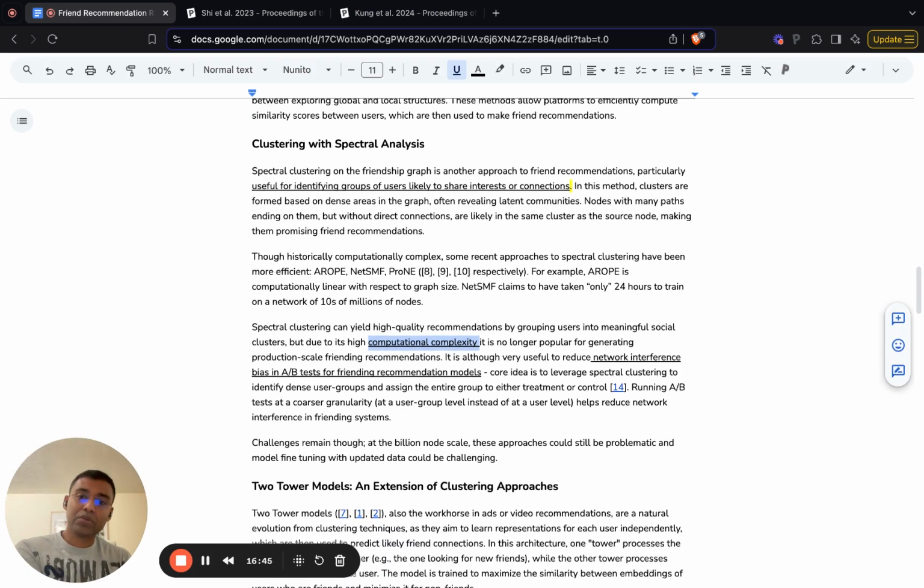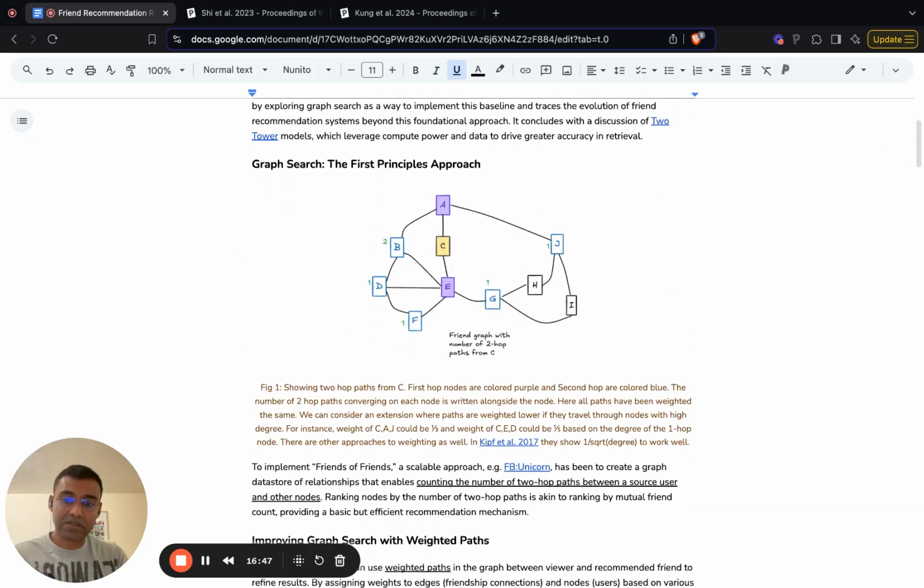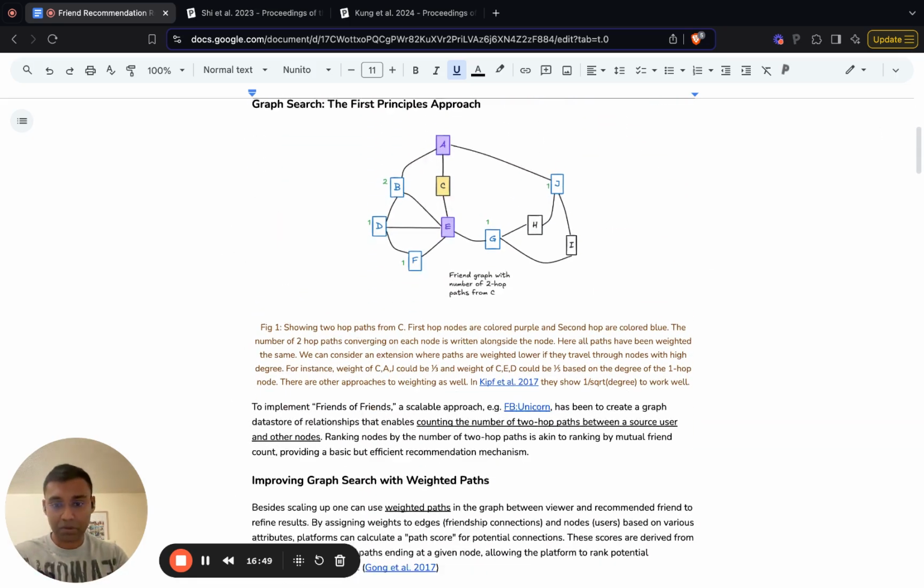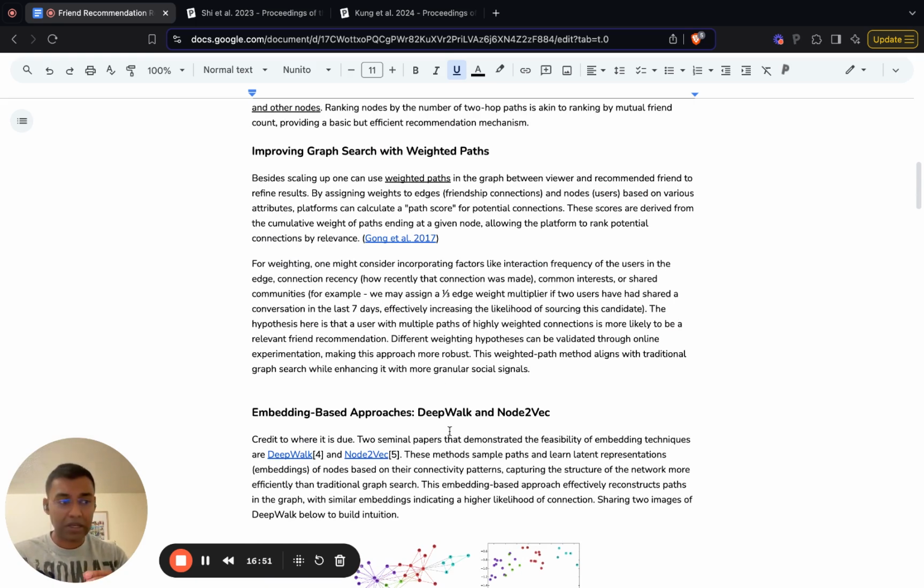Right. So far what we discussed was graph walks, friends of friends, a great approach. And then you could augment it by saying, hey, some paths, some walks in your graph are actually more important because you have found that some features of the edge or some features of the node work well in your A/B tests, in your experiments.